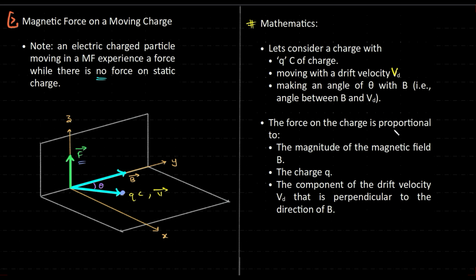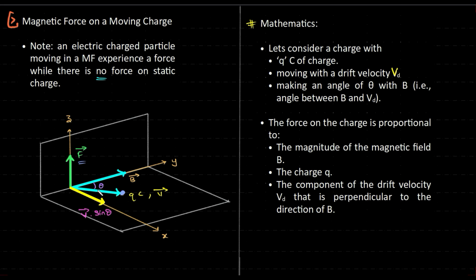The force on the charge is proportional to the magnitude of the field. It makes sense. The charge itself, that also makes sense. And the component of the drift velocity Vd that is perpendicular to the direction of B. So basically, this matters. This is the perpendicular component of V, which, if you do the math, is V sine of theta.